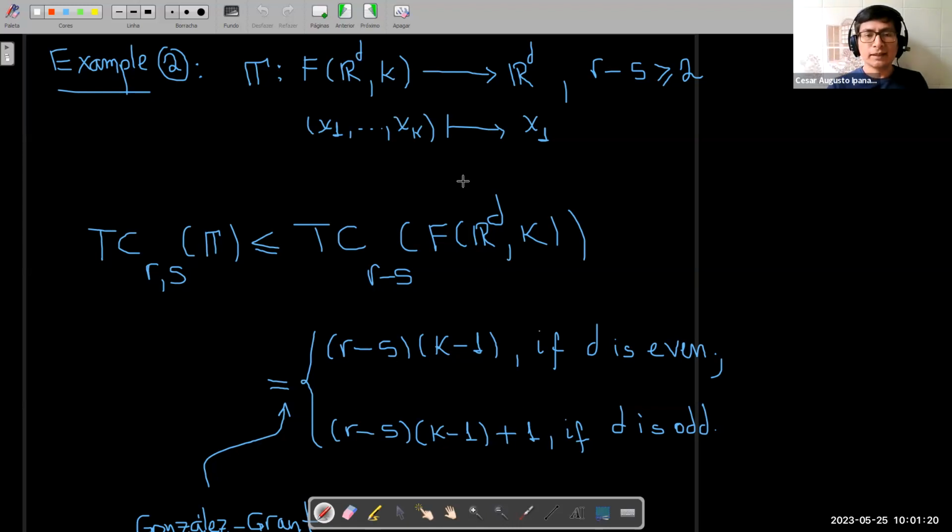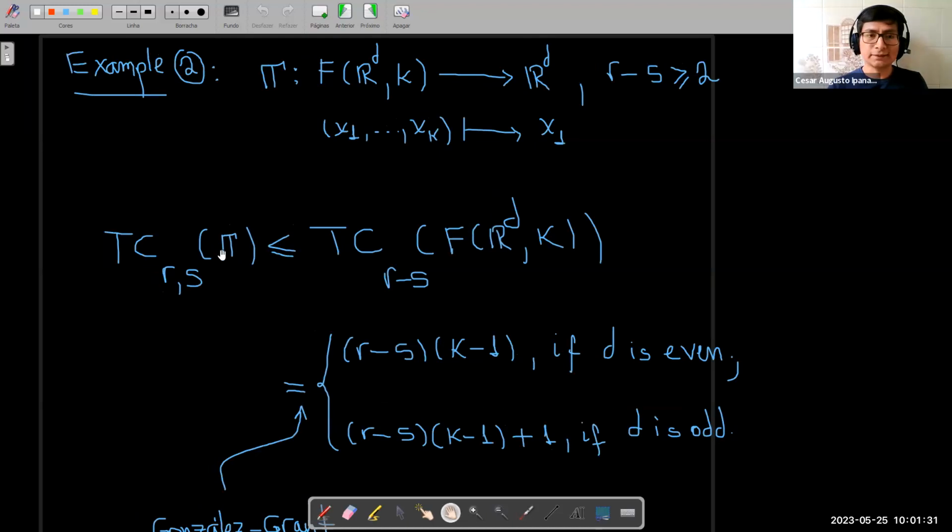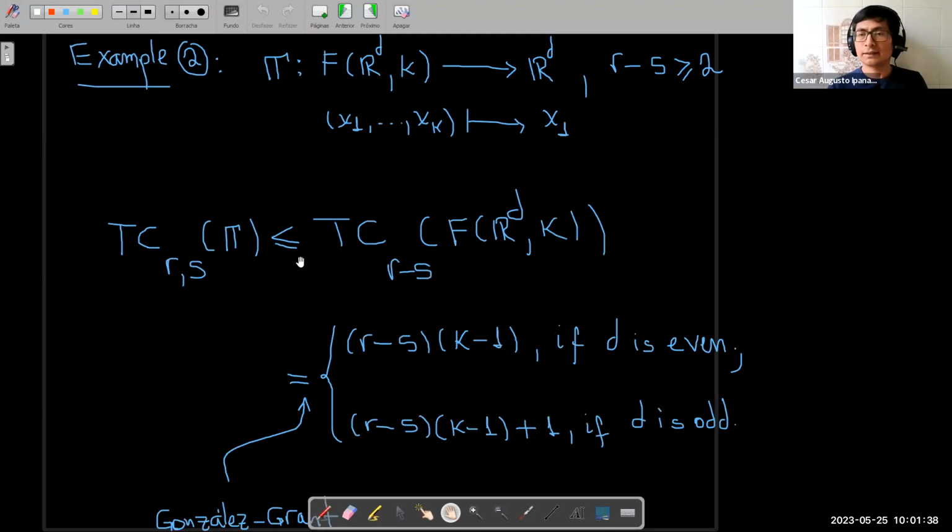But for any p and any k we have this estimate: the higher TC of this Fadell network fibration is less than or equal to r minus s TC of this configuration space, where r minus s is at least 2.